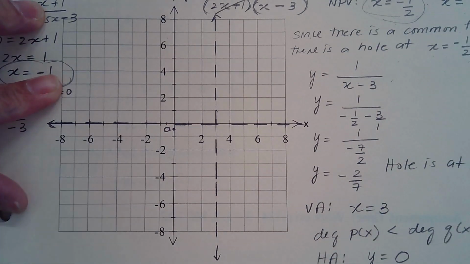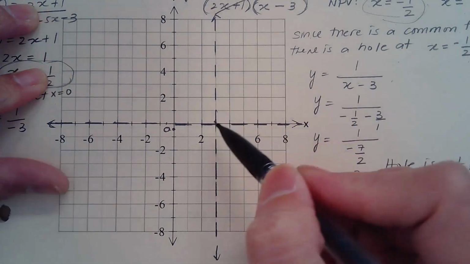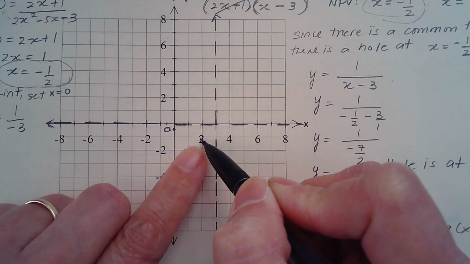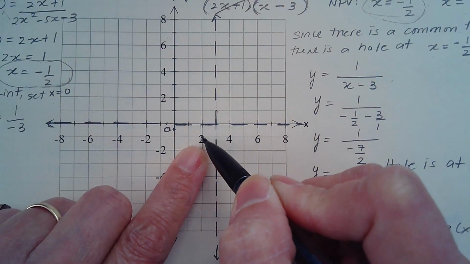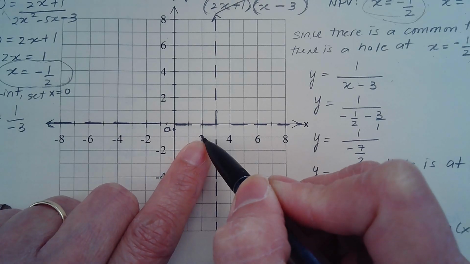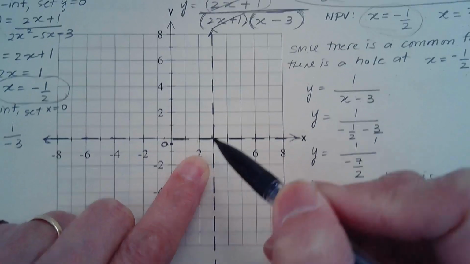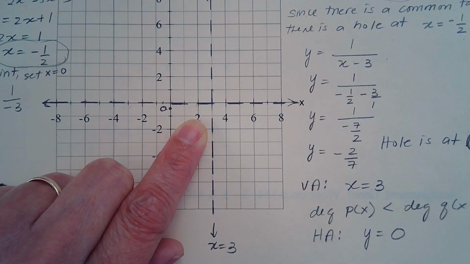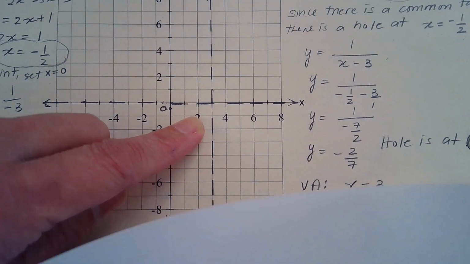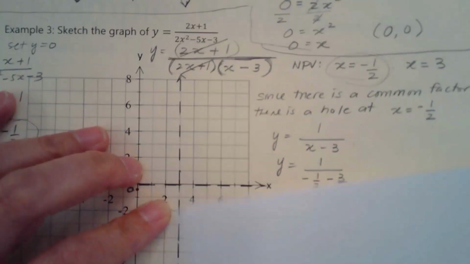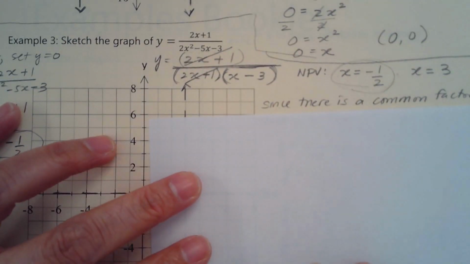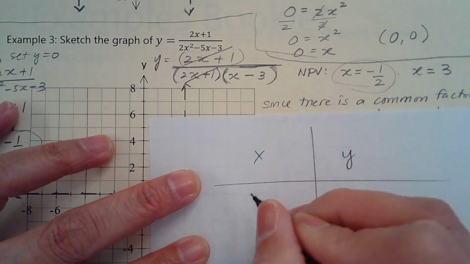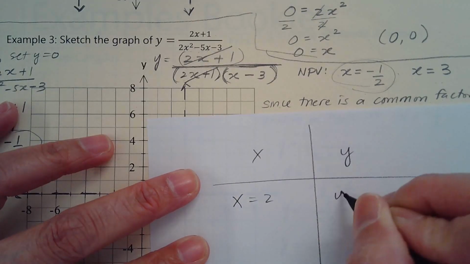So the graph, let's just pick a number. Let's pick a number 2. What would happen when x equals to 2? What is the y value? Why don't you calculate that one? If x equals to 2, what is the y?